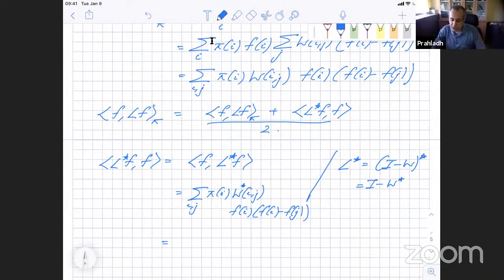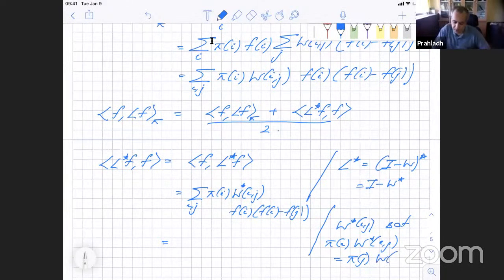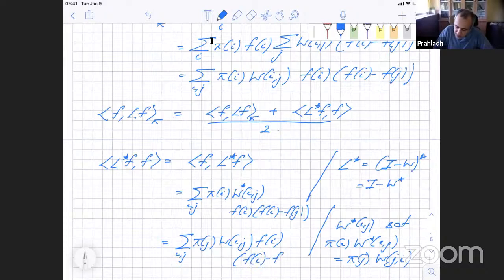But W star ij satisfies, for any random walk, not just reversible, that pi I W star ij, that was a definition, is equal to pi j wji. It satisfied this. So let's just use that. So I'm just going to rewrite this as ij pi j wij fi into fi minus fj. Okay.